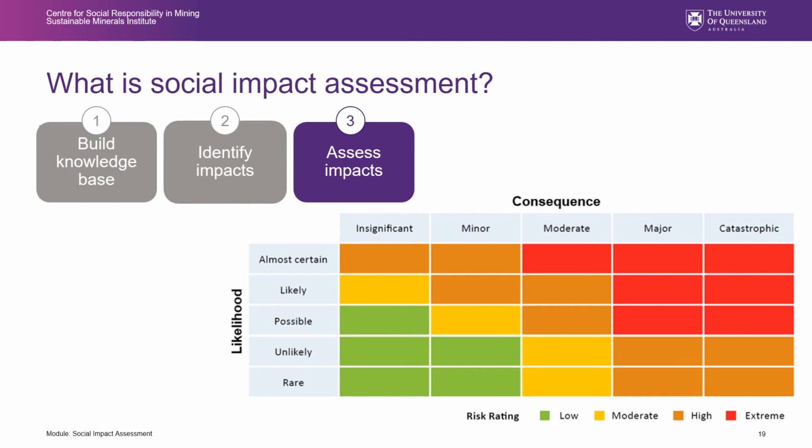The table pictured on this slide shows likelihood and consequence, each with a 5-point scale, likelihood ranging from rare to almost certain, and consequence ranging from insignificant to catastrophic. Together, they form a matrix where the significance of the risk or impact can be considered low, moderate, high, or extreme.